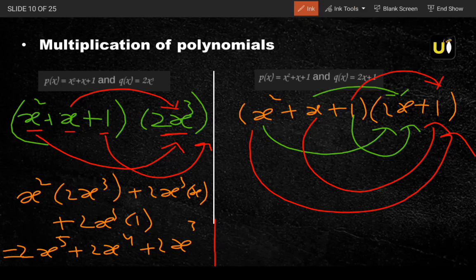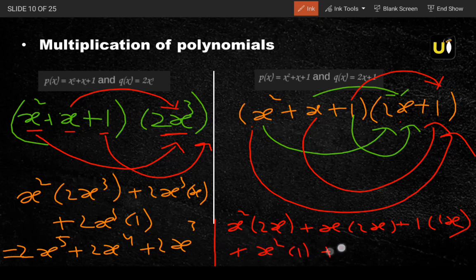First, x square into 2x. Next, x into 2x. Next, 1 into 2x plus x square into 1 plus x into 1 plus 1 into 1. By adding up all these terms, we will get the product.